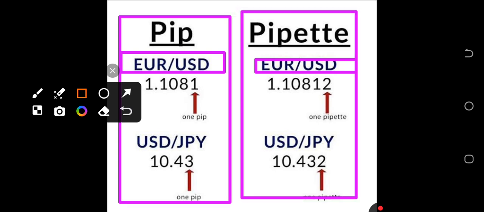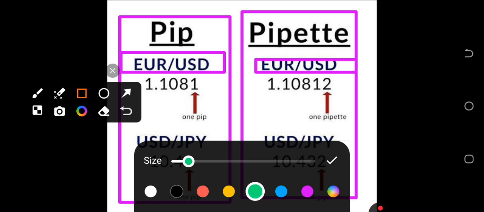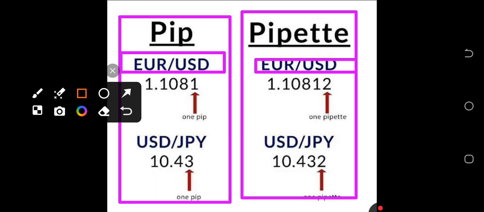Like I told you, normal currency codes have 4 digits. These are the 4 digits after the decimal point. 1081. The last one there is the pip. That is the pip.